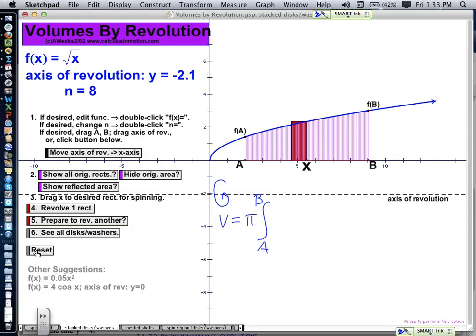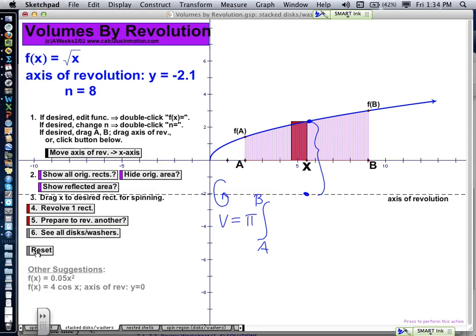The radius is this whole distance all the way down to here. If this were the disk method, this rectangle would stretch all the way down to the axis of rotation. So our radius is this y-coordinate minus this y-coordinate.